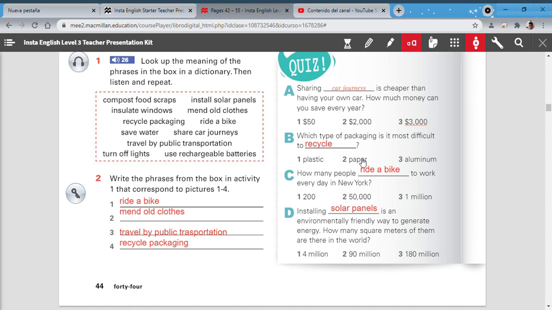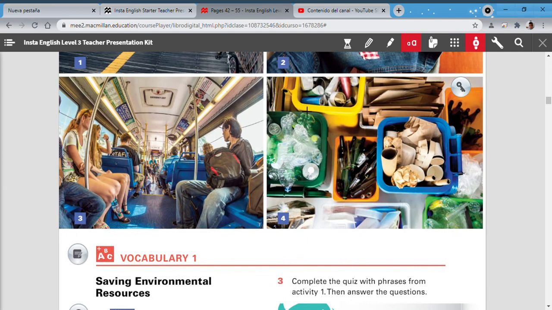Okay. Number 2. Okay, imagine you search on the internet. Which type of packaging is most difficult to recycle? No, if you can see the picture, you can see here what kind of packaging, recycled packaging, is more difficult. For example, you have bottle, plastic, no, glass, plastic, a cartoon, you have many things, no?